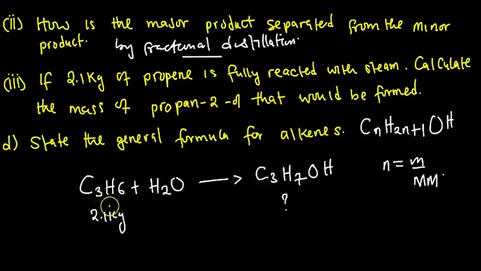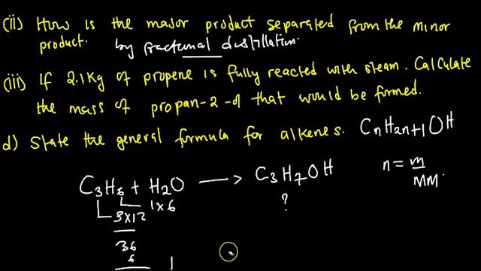So how does mass to mass work? Find the relative molecular mass of this one and we treat it as mass. The relative molecular mass of this one: how many carbons are there? 3 multiplied by each carbon having a mass of 12, then hydrogen 1 multiplied by 6. If you add, this is 36 plus 6, which gives us 42.